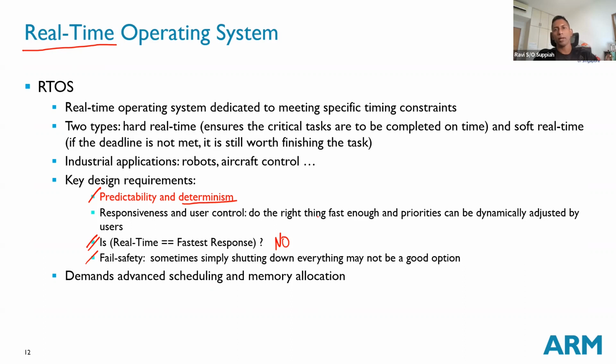So if it fails, how do you ensure that it can fail safely? Fail safely means you must be able to make sure that you put everything in a proper state before you shut it down. Again, this depends on the kind of system you're dealing with and what actions you must take before you shut down the whole system.